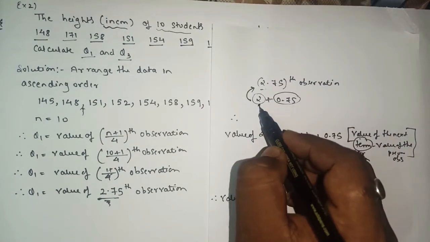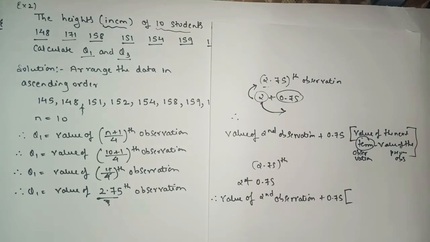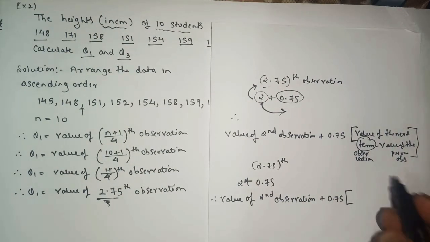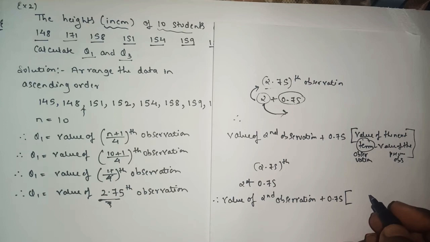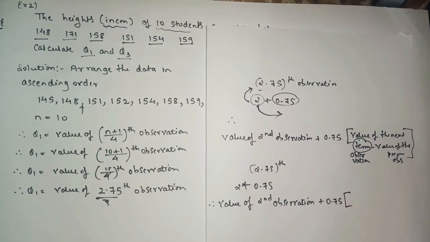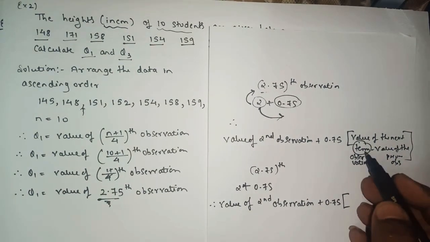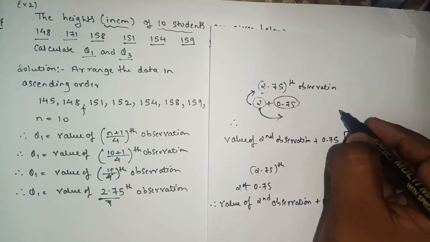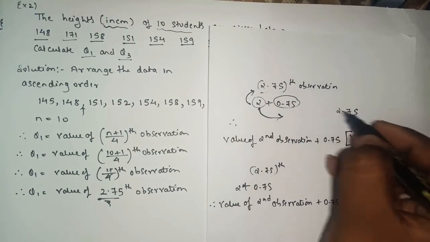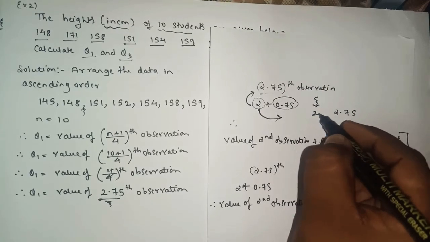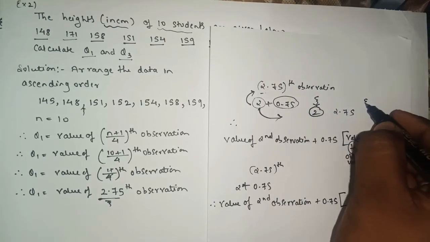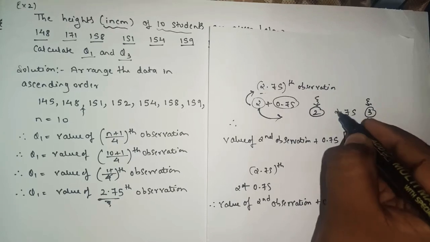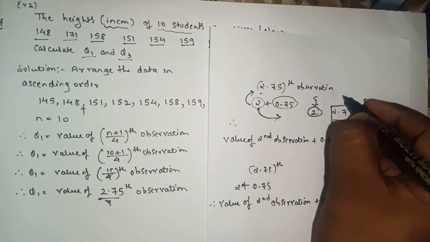So what will be the next term after 2? The observation after 2 will be 3, because 2.75 means it lies between the second observation and the third observation. So we have to find this perfect answer.